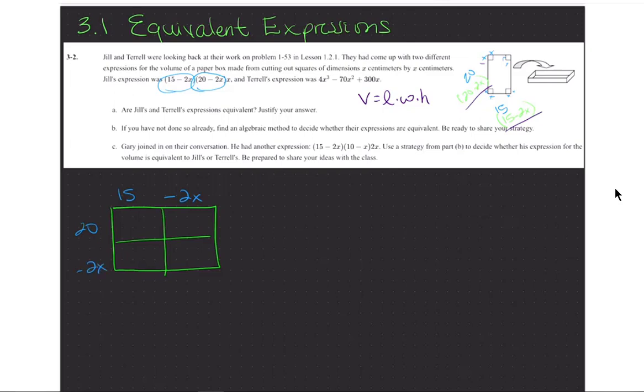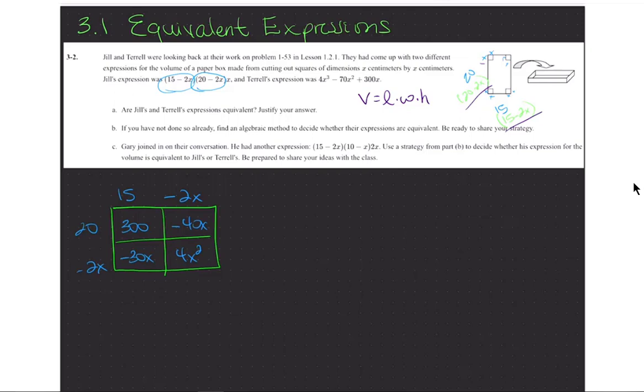We're just going to multiply those using that area model. So 15 times 20 is 300, minus 40x, minus 30x, and then a positive 4x squared. All right, everybody good there?